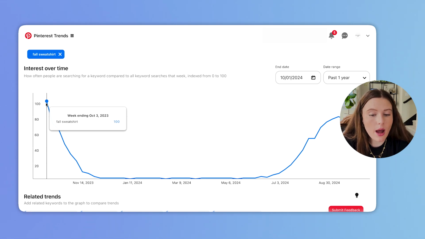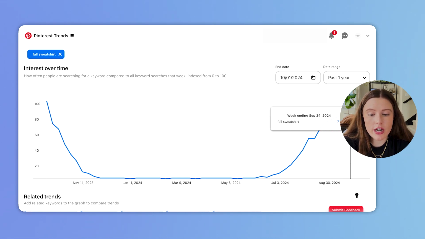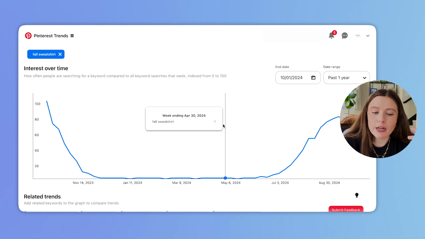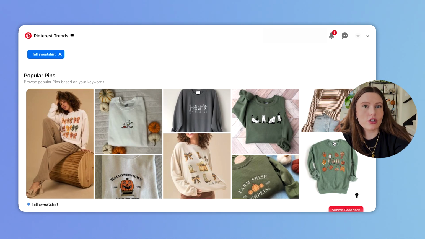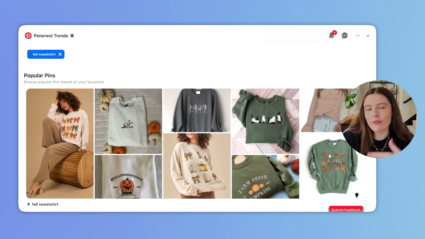So we're probably coming upon a very similar trajectory here where we will be reaching the peak of this demand for the year, but it shows you all types of different images on how people are showing these potentially print-on-demand shirts on Pinterest, and how you might be able to take your print-on-demand shirts, create mock-ups of your own, and list your own pins that will drive traffic to your own print-on-demand shop on Etsy or Shopify.